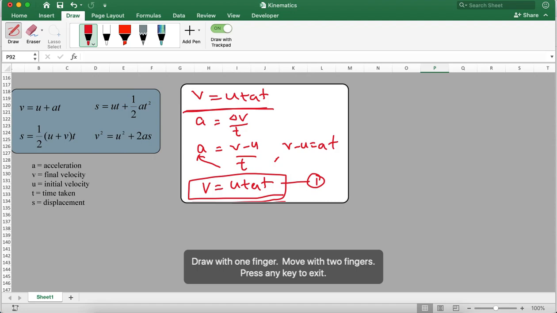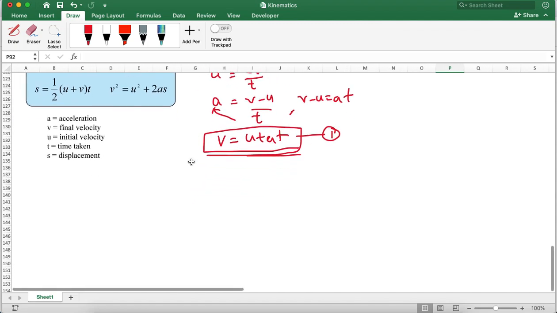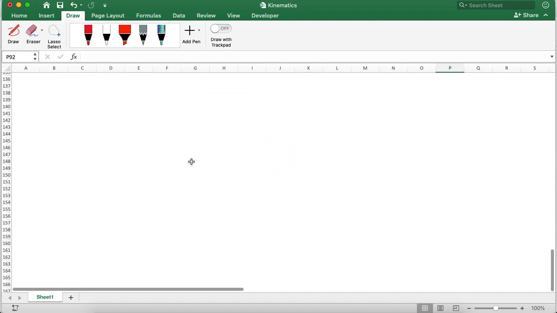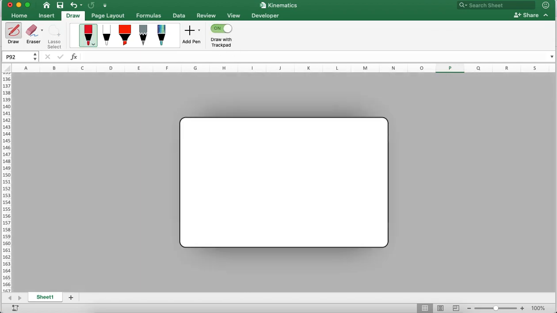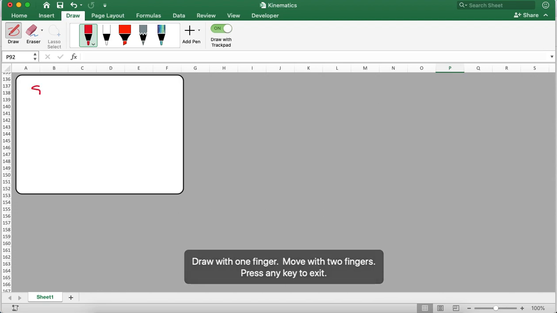Now let us explain the second kinematic equation. What is the second kinematic equation? s is equal to ut plus half at square. Before deriving the relation for this equation, you first need to know the average velocity, which I forgot there.